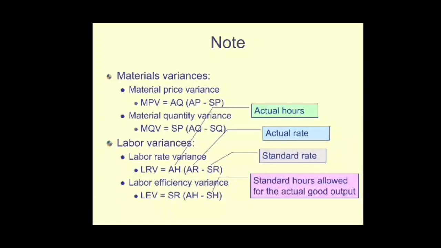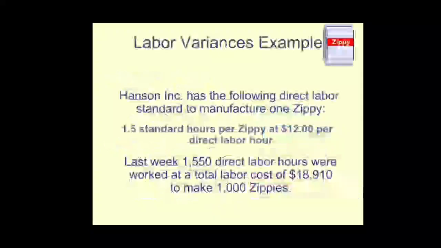Labor efficiency variance is related to the labor hours. Can the labor work quicker than the standard? So the labor efficiency variance equals standard rate times actual hours minus standard hours.